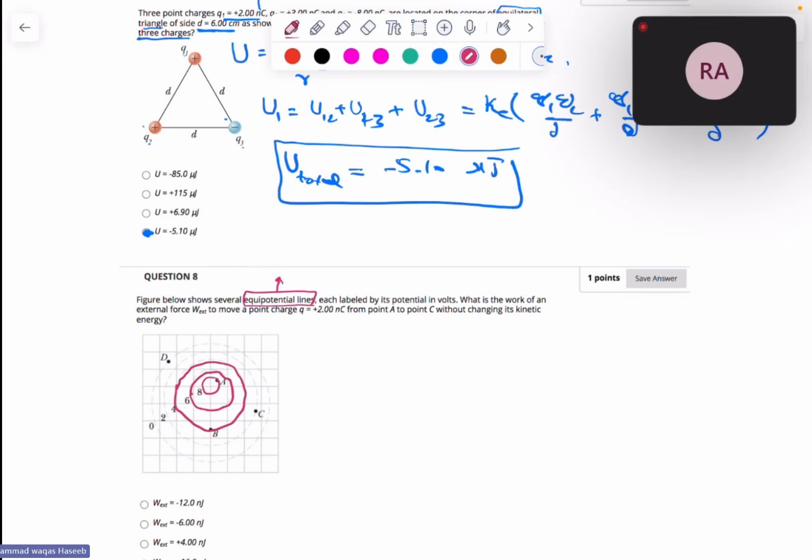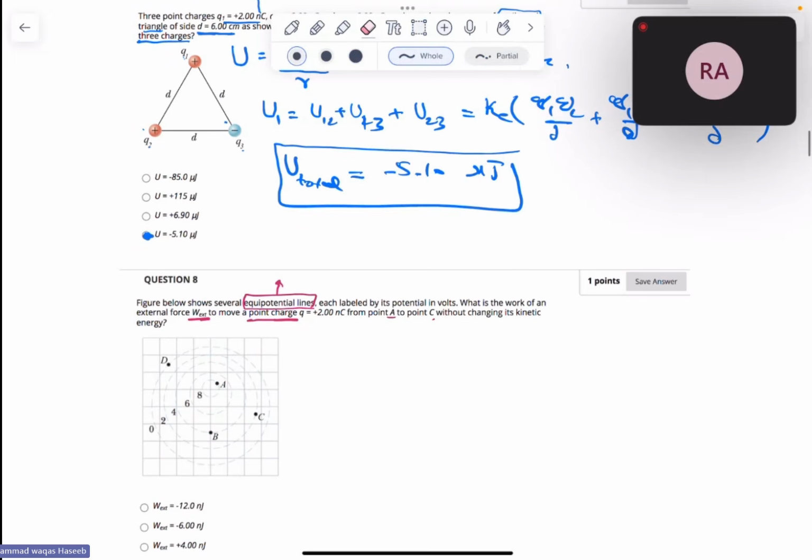So these are equipotential surfaces. What is the external work done to move a point charge Q from point A to point C? So we want a charge to move from point A to C.